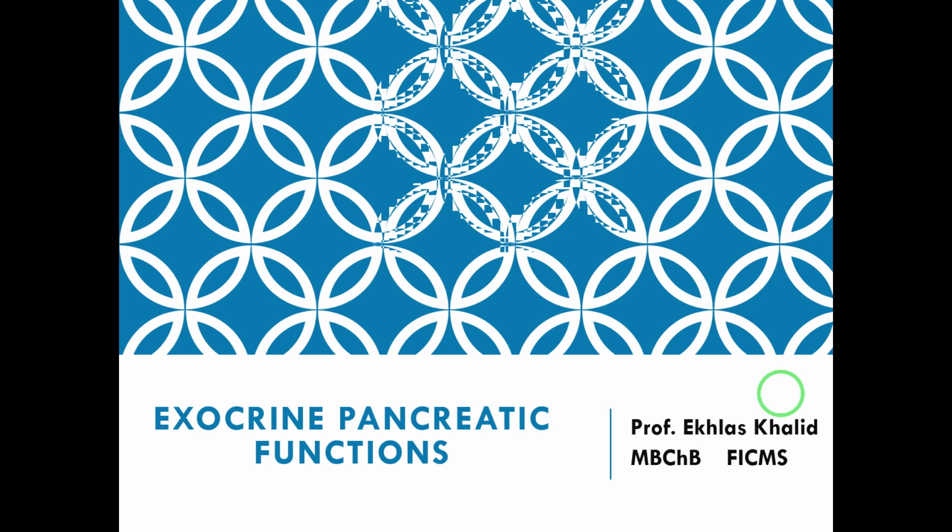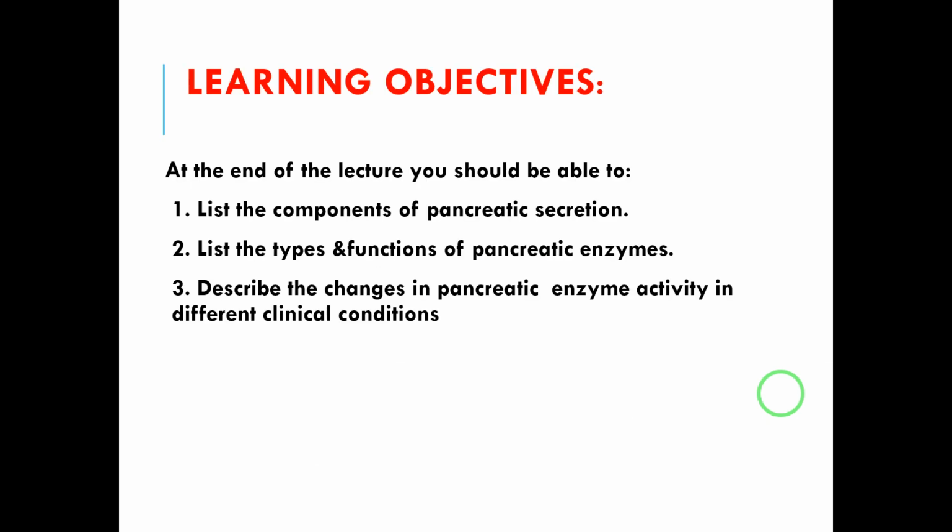In this lecture, we will have many important objectives. The most important objective is to list the components of the pancreatic secretion, and then we will describe the types of pancreatic enzymes and the function of each of these enzymes.